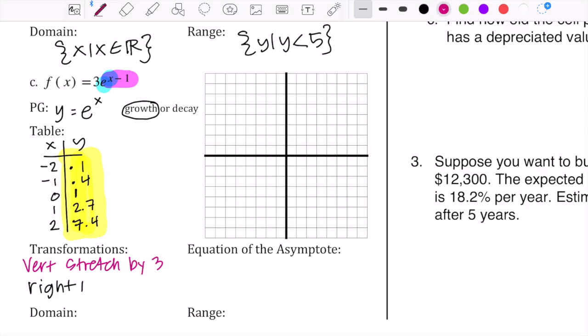Let's see. Okay, let's take care of that vertical stretch. So you are going to have to sometimes multiply some decimals by hand. So we'll make it easy though. 0.3, 1.2, 3, 2.7 times 3. What's 2 times 3 is 6. Is that 8.1?